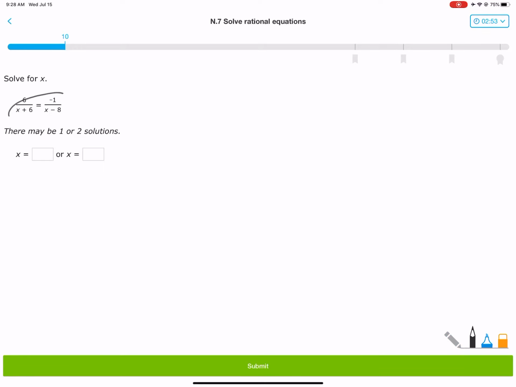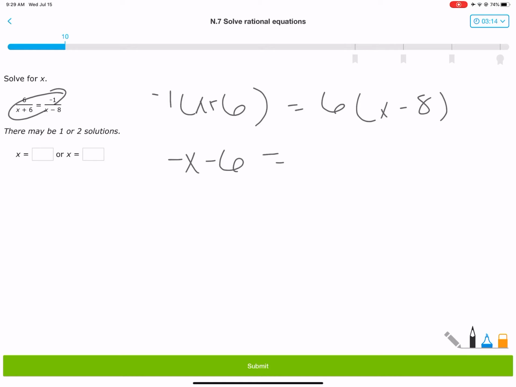So now we're going to multiply negative 1 times x plus 6 equals 6 times x minus 8. And we are left with negative x minus 6 equals 6x minus 48. Okay, and then we are going to add 48 on both sides.